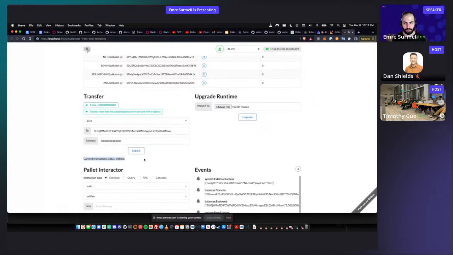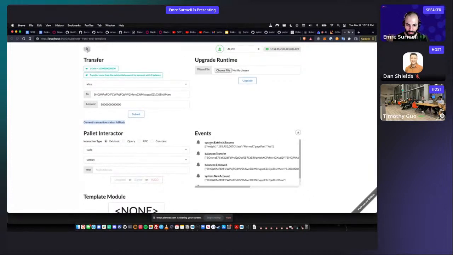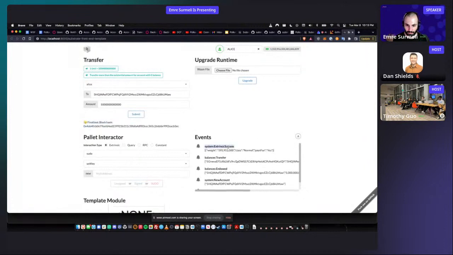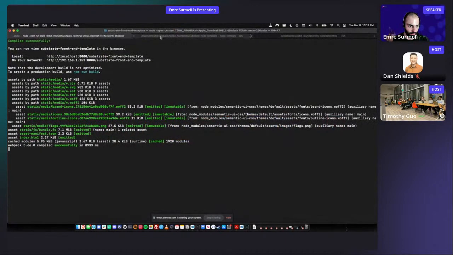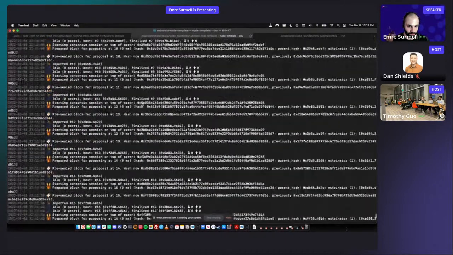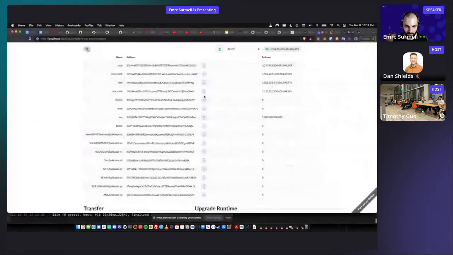So Substrate is a very event-driven framework, and every event is defined by the runtime developer to be able to see what's going on on chain. It looks like finalized in this block hash, there was a transfer. So Eve got the funds. Great. We would see that in our terminal as well, somewhere.